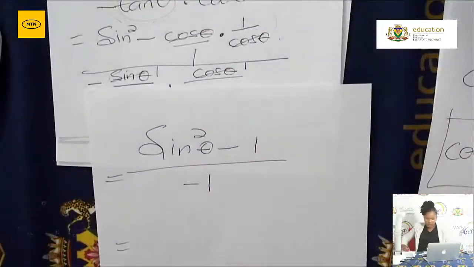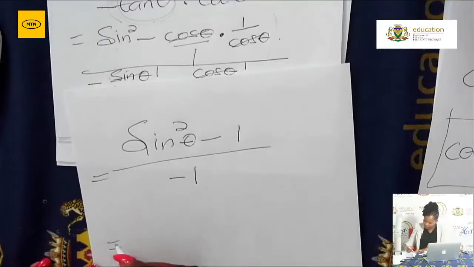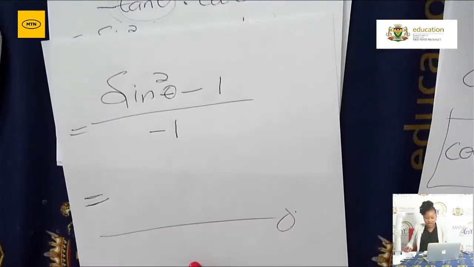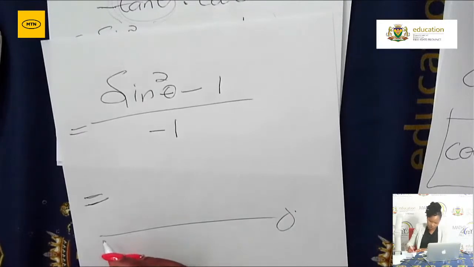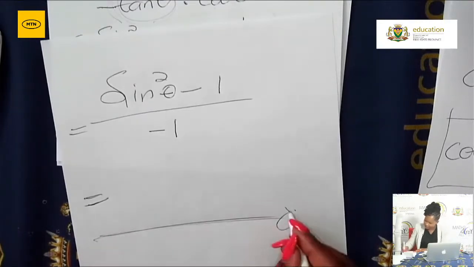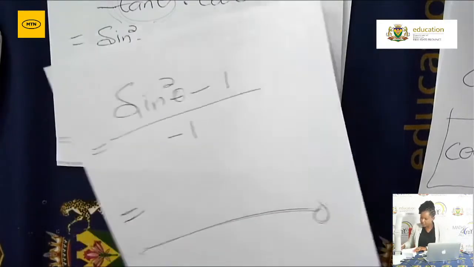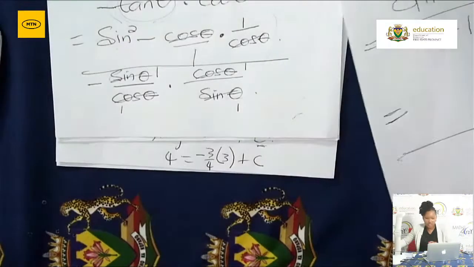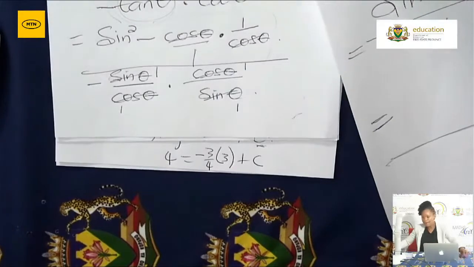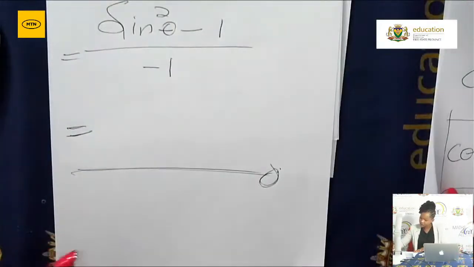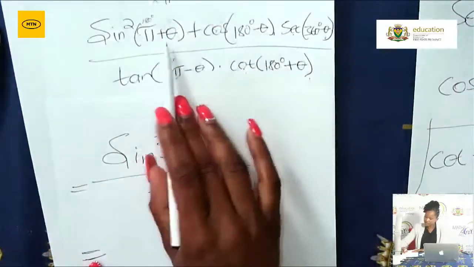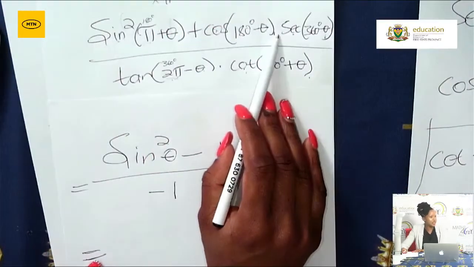So, you will make use of your identities and get to your final answer. Make use of your identities. So the most important thing here is to reduce, here reduction, so that you can find the correct signs.